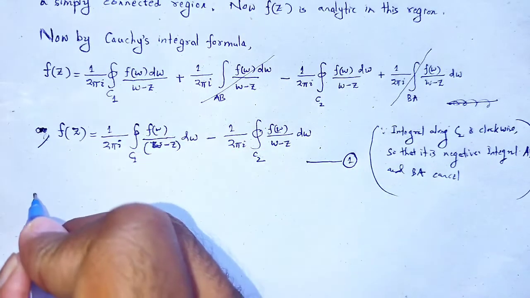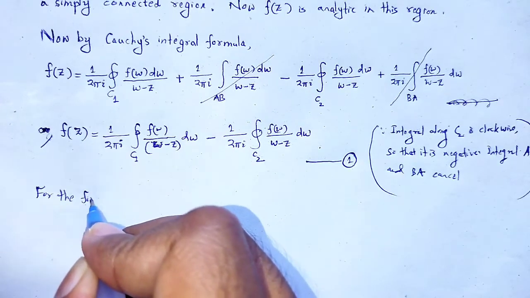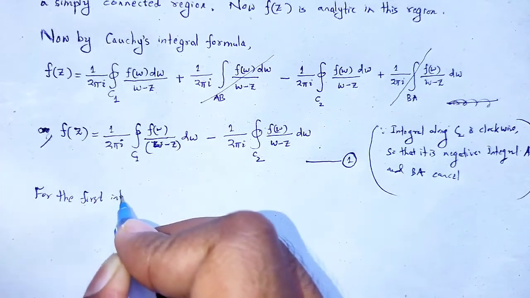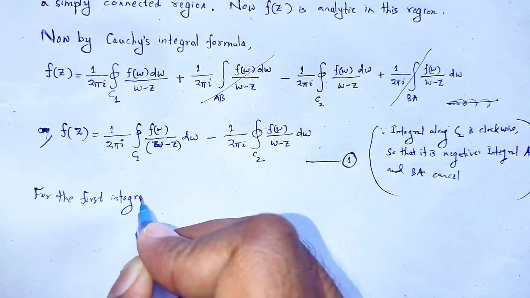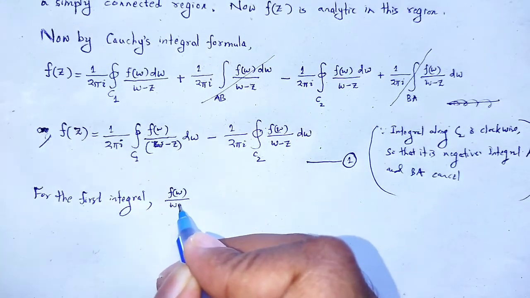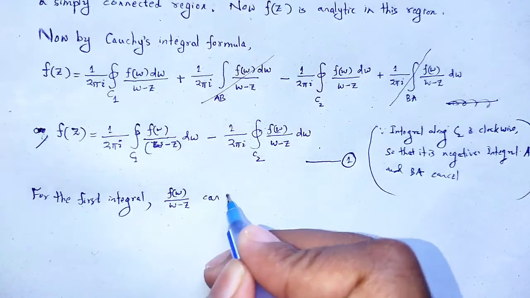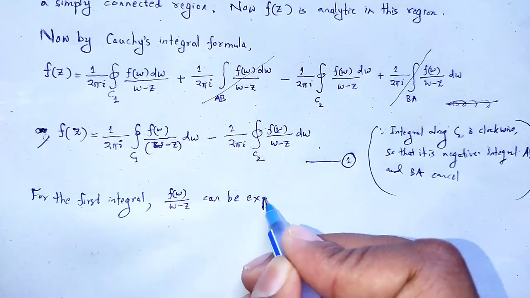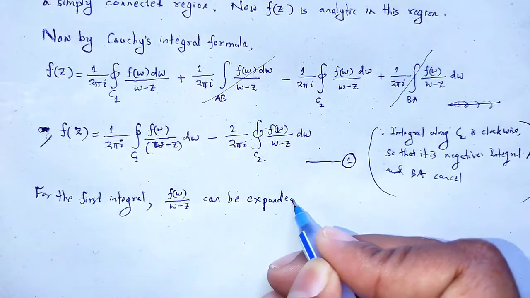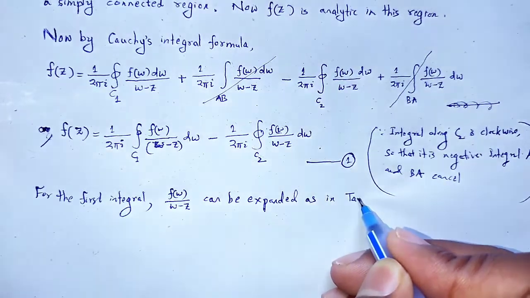For the first integral, f of w divided by w minus z can be expanded as in the Taylor series.